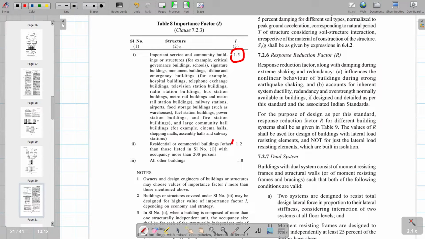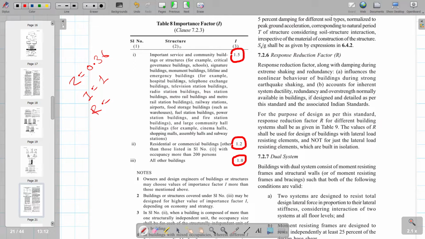Residential or commercial it is 1.2, and for all other buildings it is 1. So here we are considering the importance factor as 1. Okay, so our Z is 0.36, our I is 1.